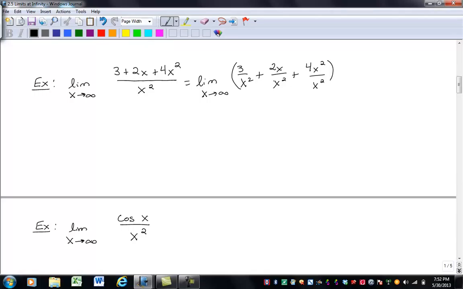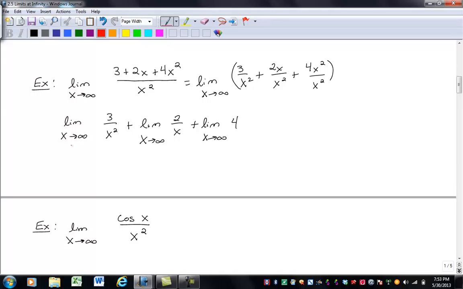And I can simplify this if I want. This is the same thing as the limit as x goes to infinity of 3 over x squared plus, I can break the limit up by the plus and minus signs, I can cancel an x here, 2x over x squared is the same thing as 2 over x. And that last one, when I cancel the x squareds, I just get a 4.